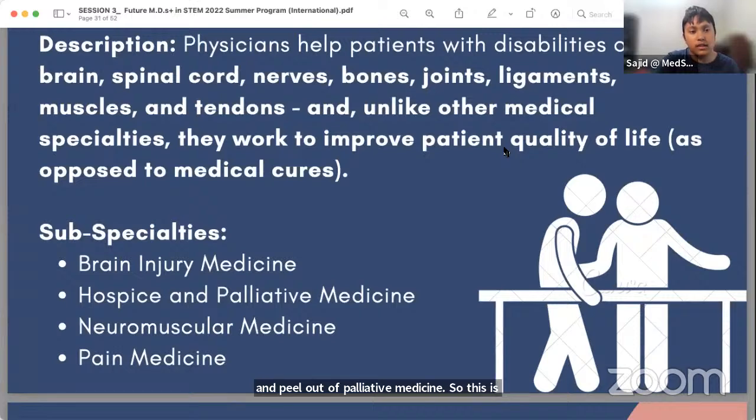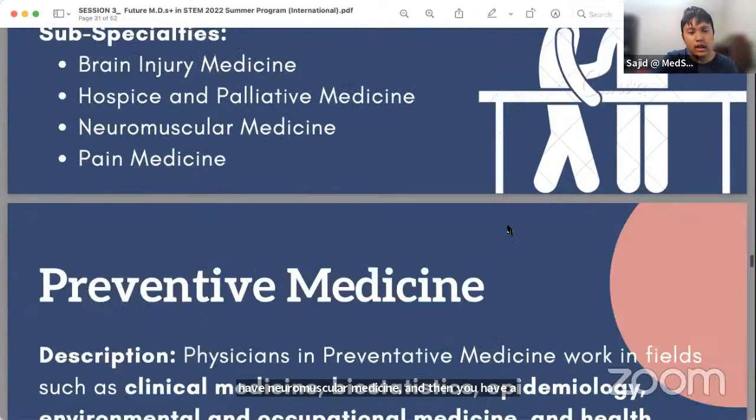Usually they'll have six months to 1 year left, and they will need a diagnosis from a doctor saying that they have 6 months to usually 1 year left, and they can be admitted to a hospice, and they can receive care there. And then you have neuromuscular medicine, and then you have pain medicine. Next slide.